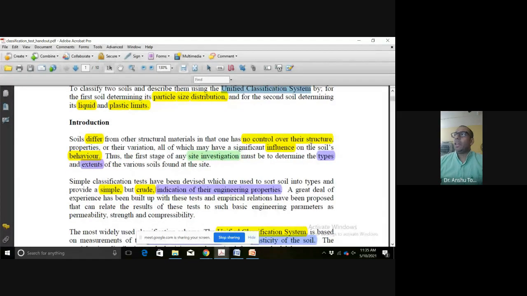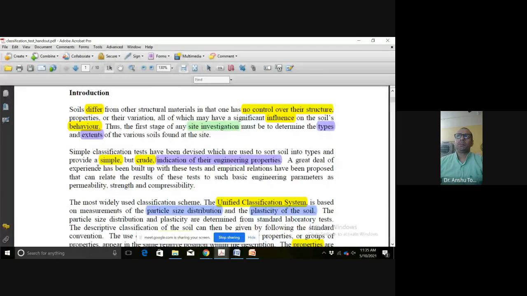They have significant influence on the soil behavior. The first stage of any site investigation must be to determine the types and extents of the various soils. That is, if you are investigating a site, the first requirement, if a client asks you or for your own project, is how many types of soil there are, and which soils are found at your site.